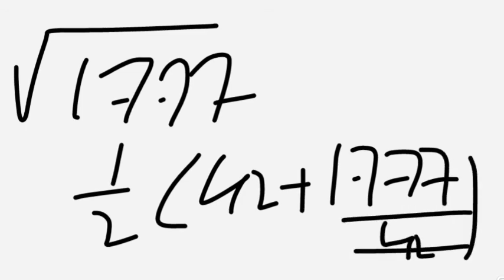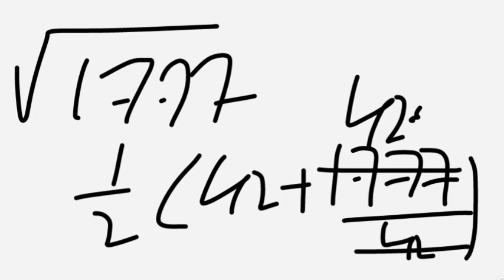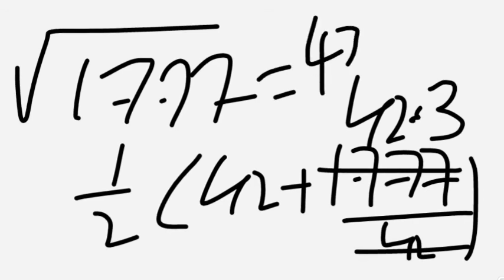Exactly 42 times it cuts. We just discussed 42 square is 1764, so 13 less. If we add a point, 130 is cancelling approximately 3 times. 42 into 3 is 126. So 42 plus 42.3 is 84.3, and 84.3 by 2 is approximately 42.15.